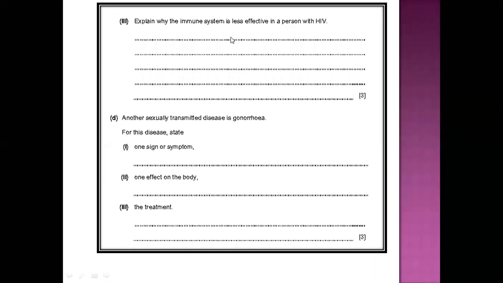Explain why the immune system is less effective in a person with HIV. If you remember, I told you the HIV virus attacks your lymphocytes, and the lymphocyte's function is to produce antibodies. So if the HIV virus destroys your lymphocytes, there will be no production of antibodies, and your immune system will become weak.